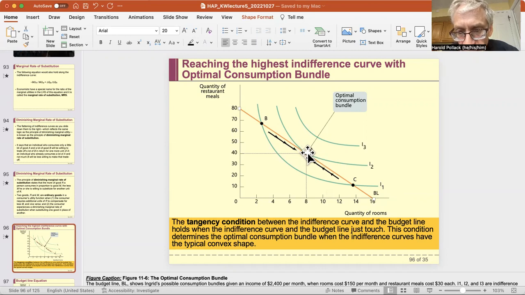Now at point A, my marginal rate of substitution is going to be 5 to 1. That indifference curve is at a point where the marginal utility of a room is actually 5 times the marginal utility of a meal at that point. And that's what makes that exact tangency condition. It's kind of profound, actually.